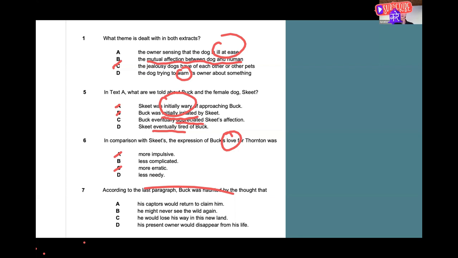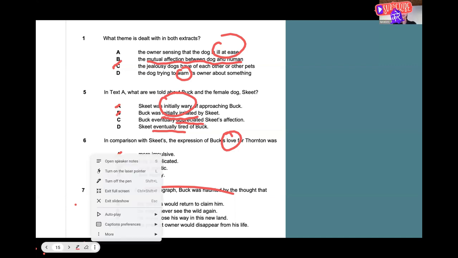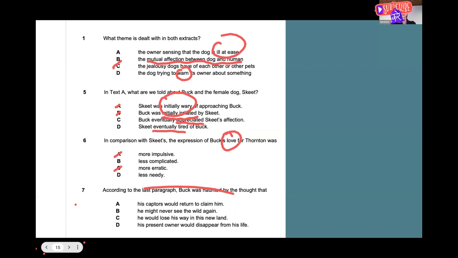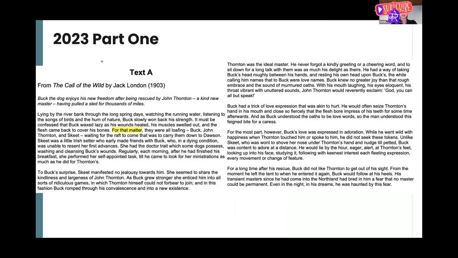And this is one of the cases where both answers could be correct. Some could argue that his love is less complicated, and some will also argue that it's less needy. But if we return to the question and to the text, we can see that there's a lot more evidence towards it being less needy. So direct evidence for this: unlike Skeet, who was wont to shove her nose under Thornton's hand and nudge till petted, Buck was content to adore at a distance.